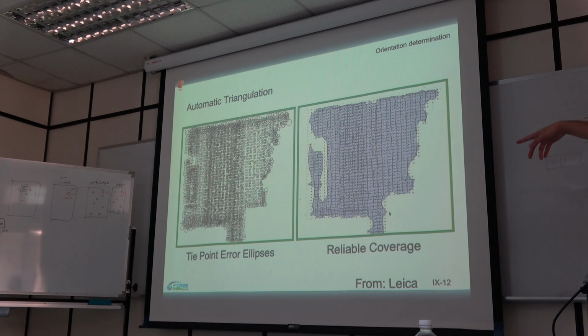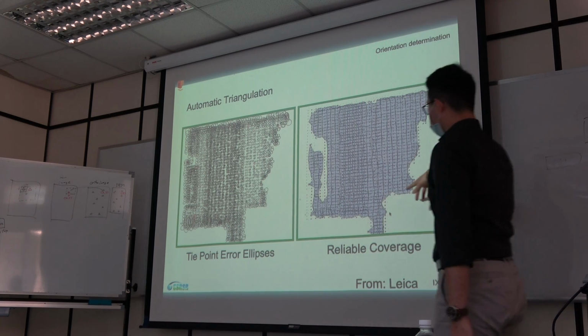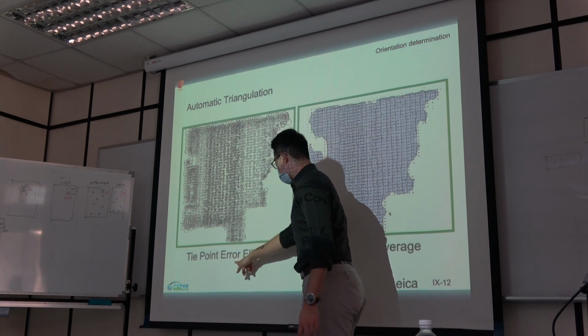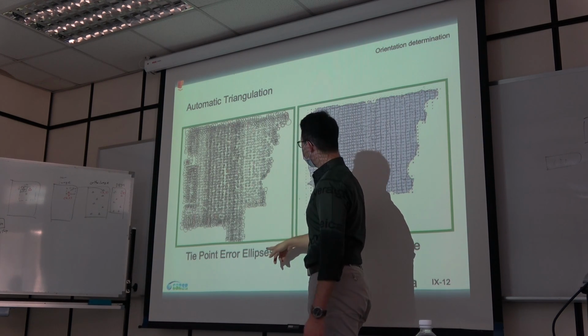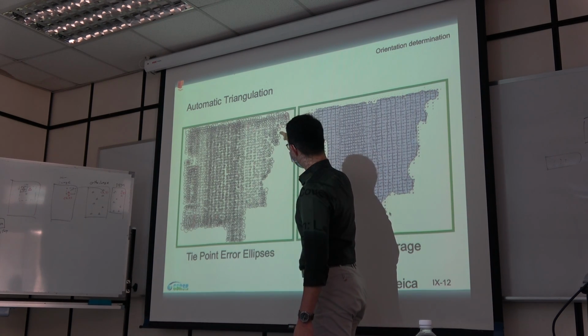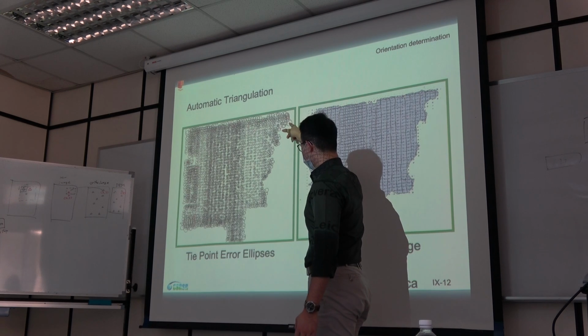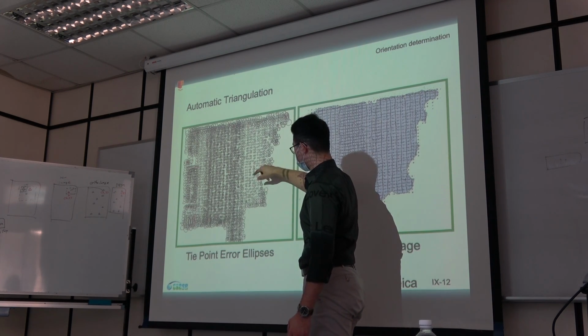I'm not going to dig into the detail, but as you can see, it indicates the point error ellipsoid. Some of the points have a larger ellipsoid, and some of them have a smaller one.